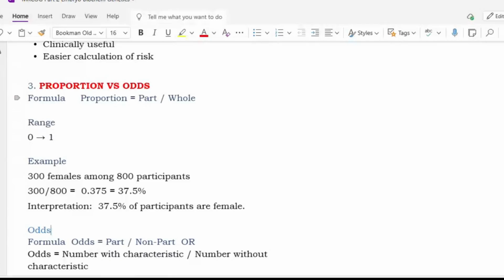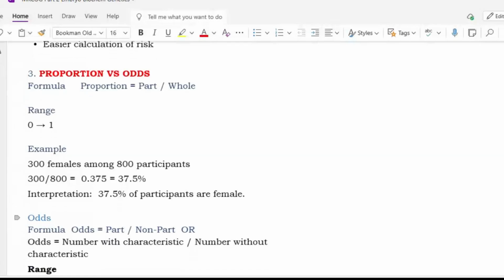So in proportion, we are talking about a particular part of the whole participants, the population, or the sample. While in odds, the formula is part divided by non-part, or odds equal to the number with the characteristic divided by the number without the characteristic. So here the denominator is different. In proportion the denominator is the whole population, while in odds the denominator is different.